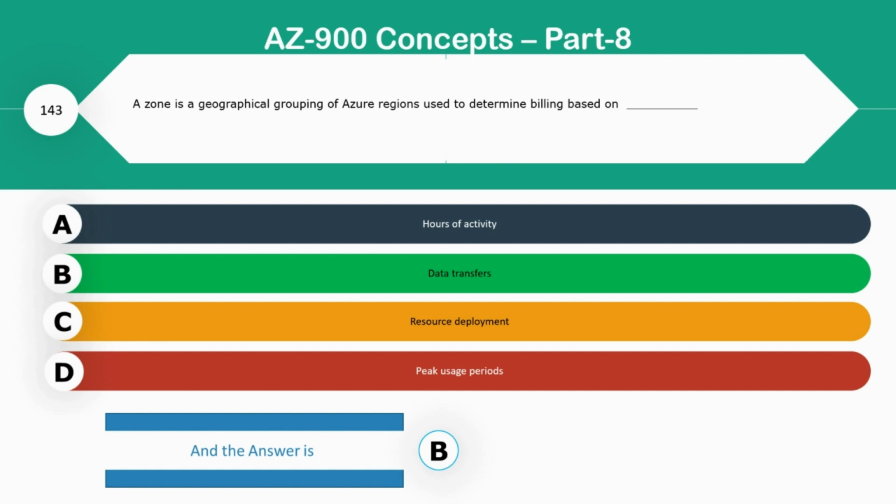Data transfers between the zones in the same region are not charged. Zones do not impact any other billing factors. And so the correct option for this question is option B, that is data transfers. The rest of the options, hours of activity, resource deployment, peak usage periods, are not correct with respect to this question.